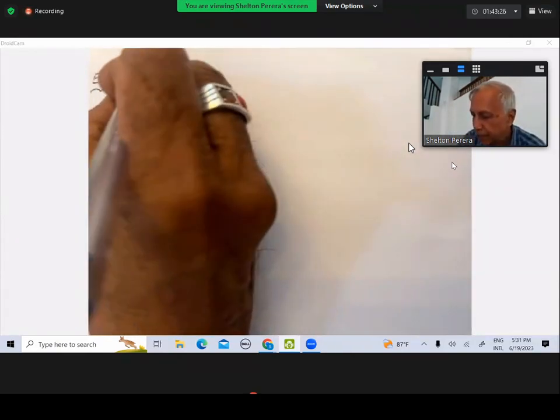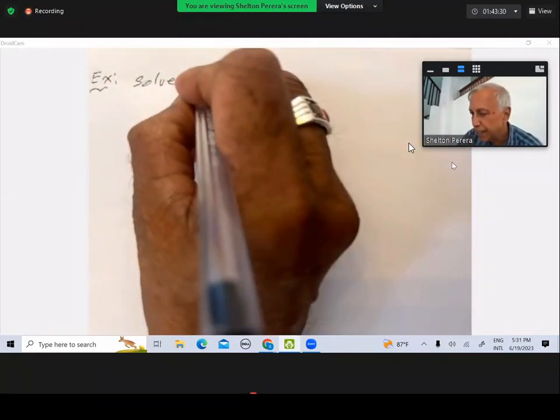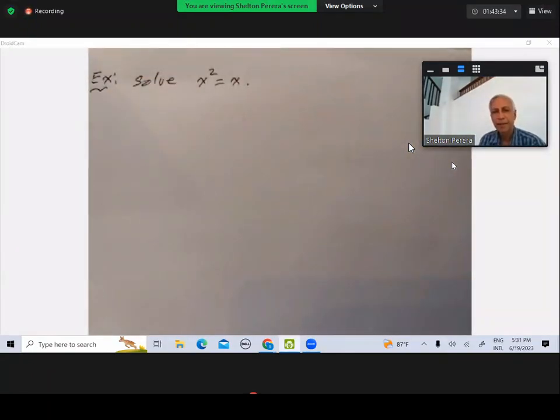Next example is solve x squared equals x. Can you solve it? X squared equals x. Some students divide by x, both sides, and say x equals 1.